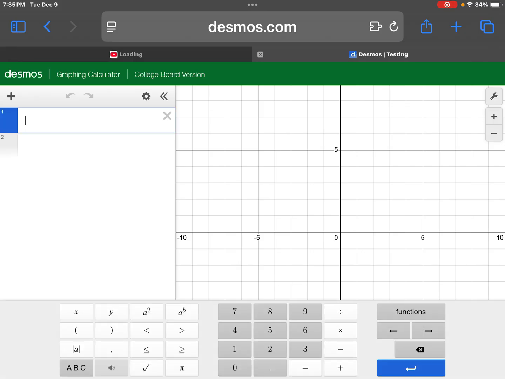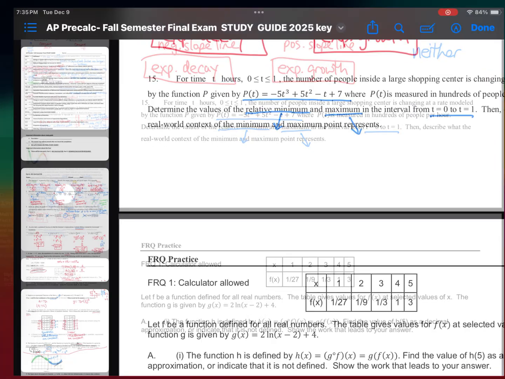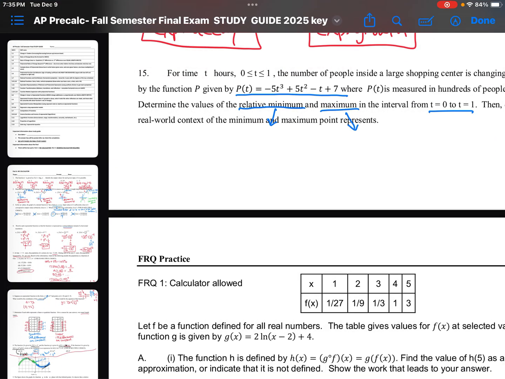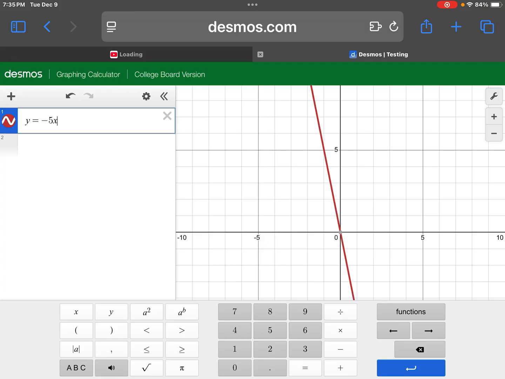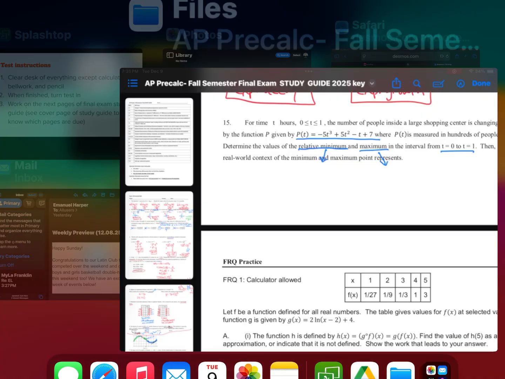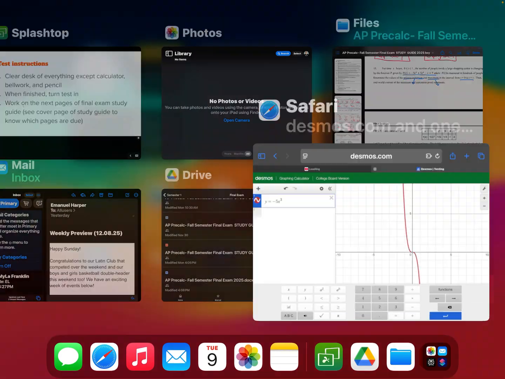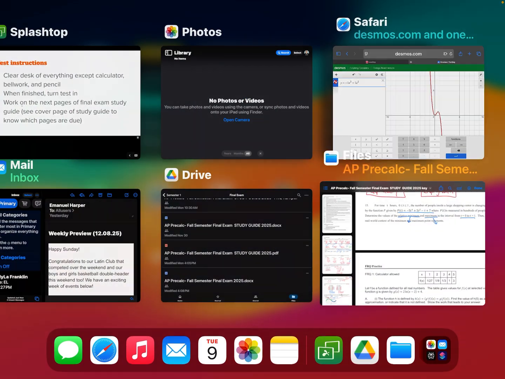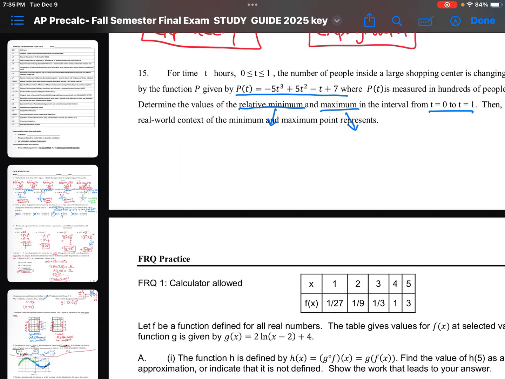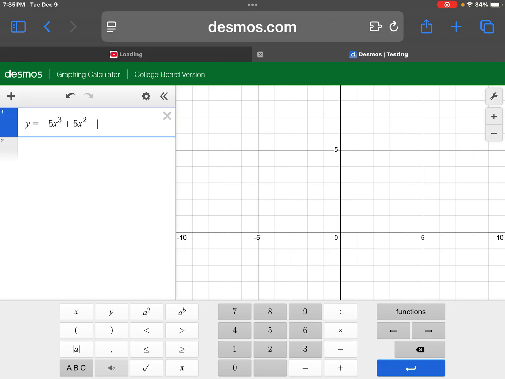And I'm going to put in here y equals. Now, they use t's in here, but I'm going to use x's when I put it into Desmos. So negative 5x cubed, plus 5x squared, minus x plus 7.